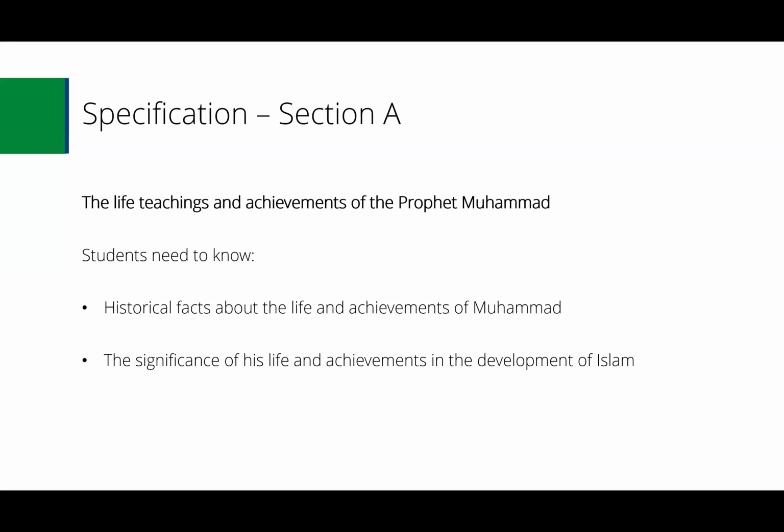So opposition, what Prophet Muhammad had faced, any opposition and the ultimate need for hijrah. So we are talking about the migration from Mecca to Medina. Again, this is broken down to include the events and their significance and the roles played by named individuals and groups. For example, the Ansar, what role did they play?